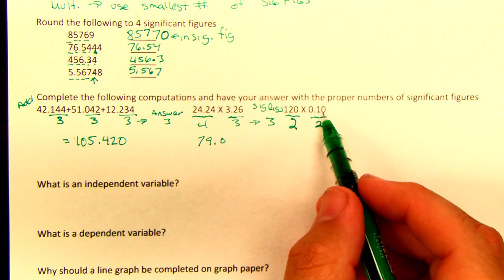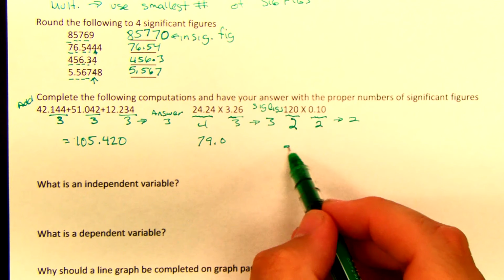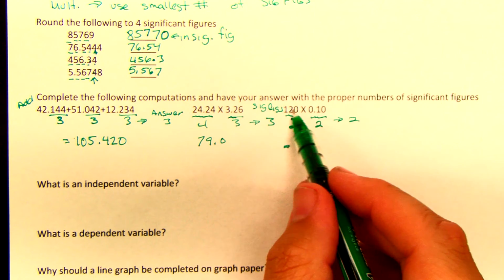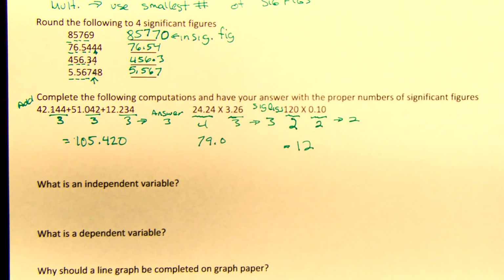So how many are in my answer? 2. I know the answer to this one's 12 because 120 times 0.1 is 12. So that's your rounding. That's everything that we needed to know about our rounding from there. Any questions?